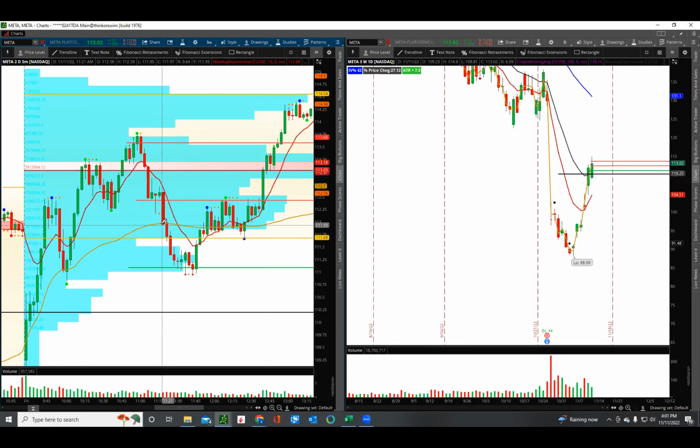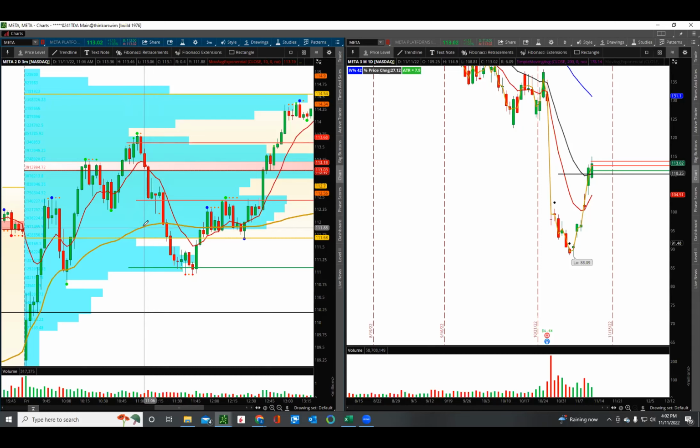Okay. So the volume weighted average price, VWAP, right here, is an indicator that is widely used by institutional traders. And they are often compensated, and they have incentives for trading in and around VWAP.